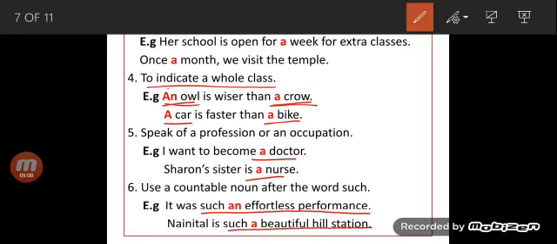Here performance is a countable noun used after the word such. Hill station is a countable noun used after the word such. So according to the rule, we use articles a and an.